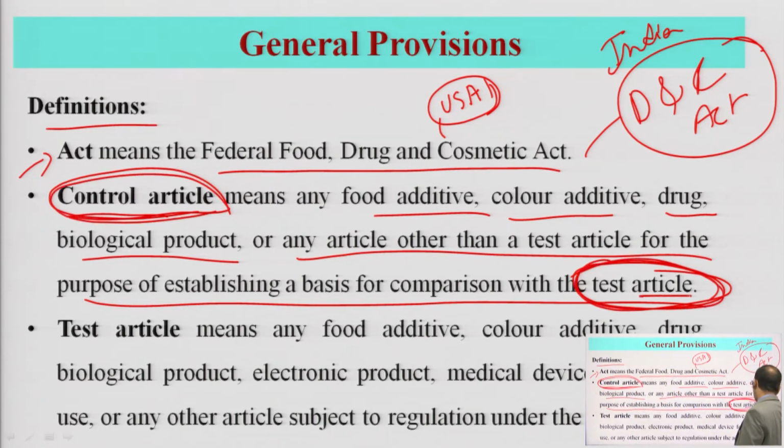Here the word article should not be confused with a manuscript. Article means substance, it might be a drug substance or a biological substance. Control is the ideal, in many scenarios, that you can compare your test substances with.